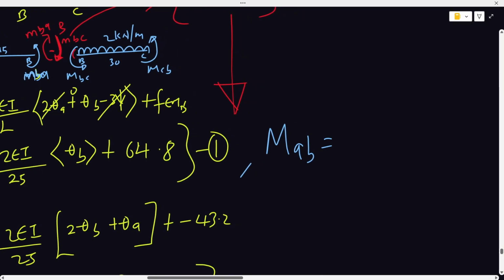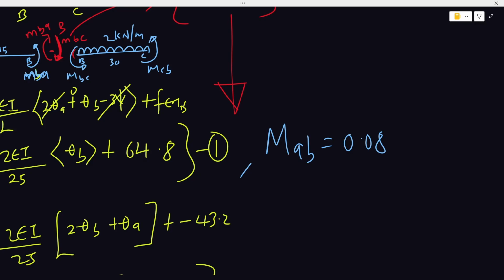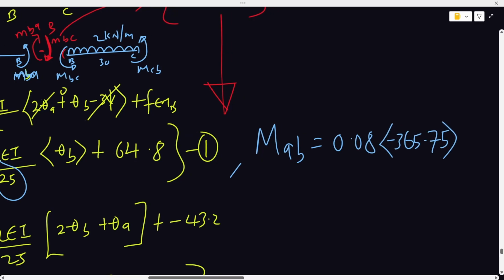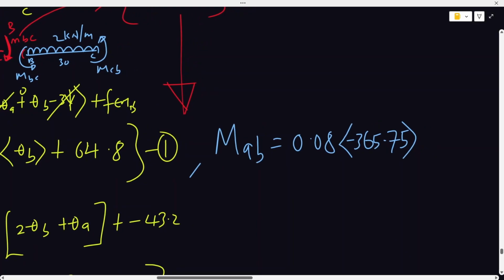MAB will be equal to 0.08 theta B EI, so 2 over 25 times 0.08 theta B EI, which we just got to be minus 365.75, plus 64.8.